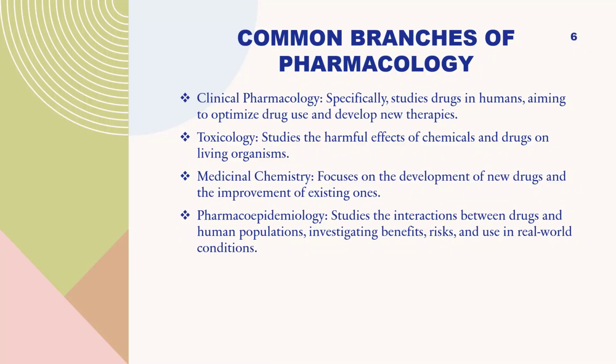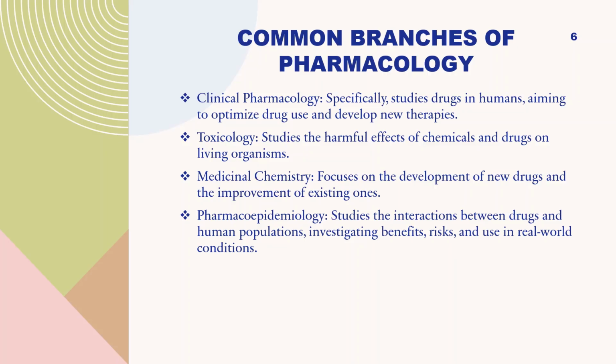So we will talk about some common branches of pharmacology that you might come across, but this is really not important. It's just to give you a general overview about pharmacology itself. So there is clinical pharmacology, which specifically studies drugs in humans aiming to optimize drug use and develop new therapies. Toxicology studies harmful effects of chemicals and drugs on living organisms, which might be really important in terms of developing antidotes or things to overcome toxic situations.